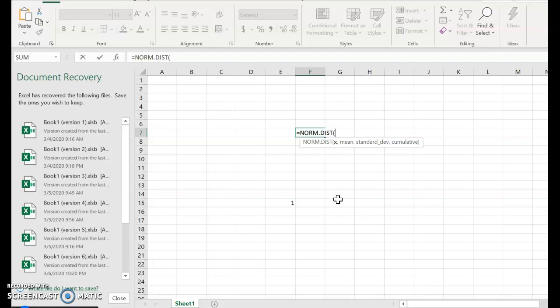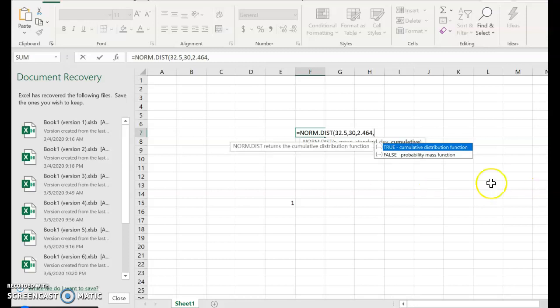So our first x value that we had, I believe, was 32.5, then comma, put the mean, which is 30, and then comma, standard deviation is 3.464, and then comma, we want it to be cumulative, just like we do in the table when we look it up.